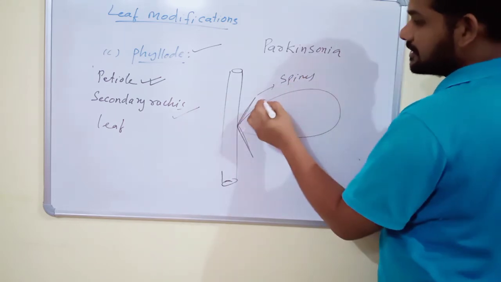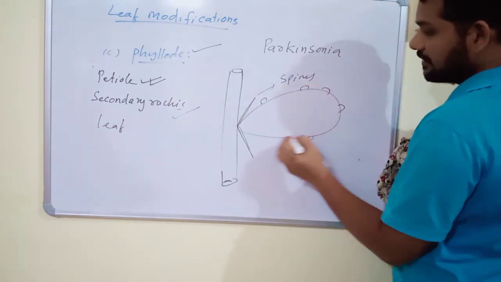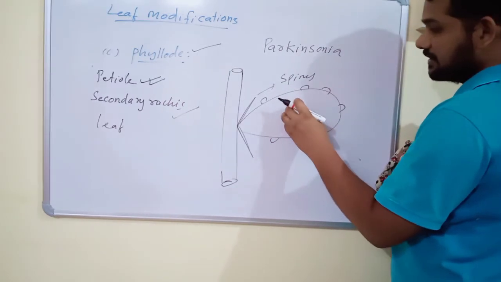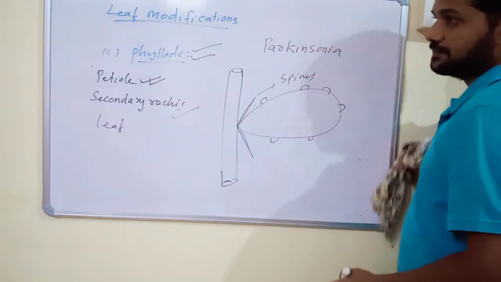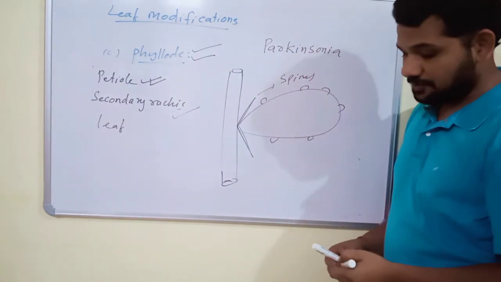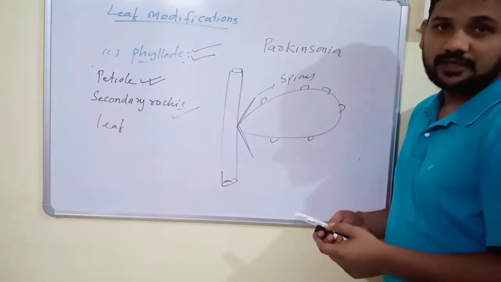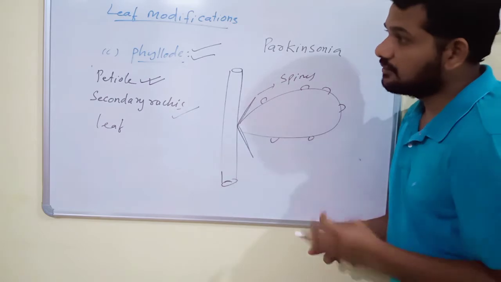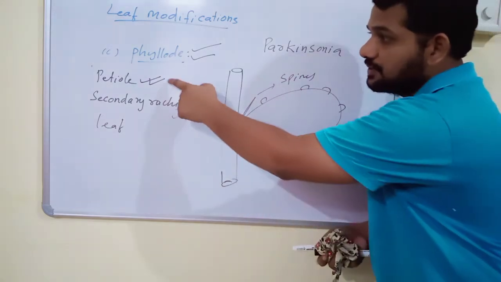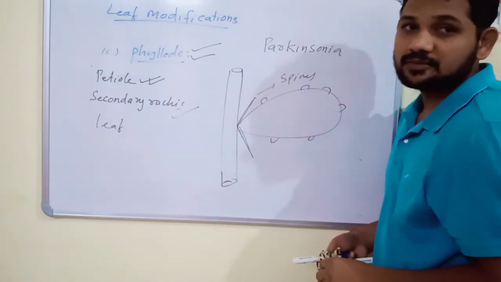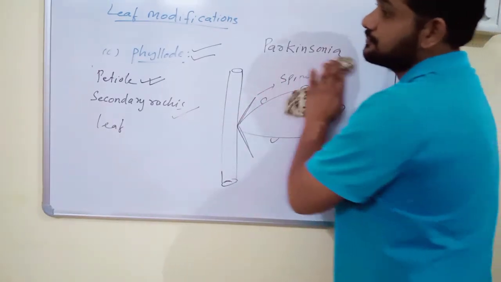Then the secondary rachis is modified into a green leaf-like structure, and this leaf-like structure performs photosynthesis, and is called phyllodes. What is phyllodes? Either the petiole or the secondary rachis modified into a green flattened structure which performs photosynthesis is called phyllodes. In Australian acacia, the petiole is modified into phyllodes, whereas in Parkinsonia, the secondary rachis is modified into phyllodes.